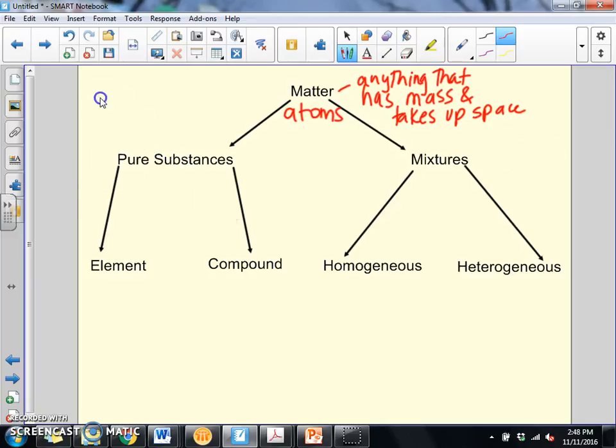We're going to start with pure substances. Pure substances are things that are 100% one thing only. For example, an element. An element is on the periodic table, and it is atoms of one kind.